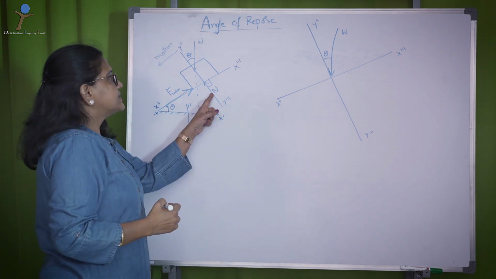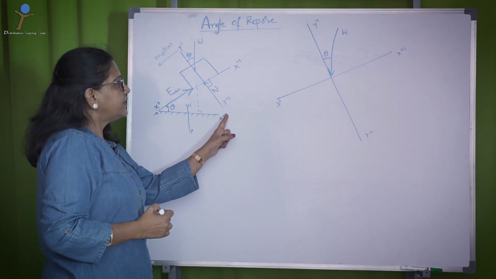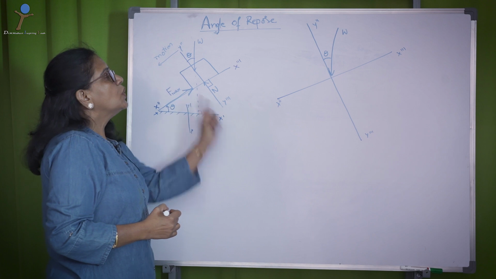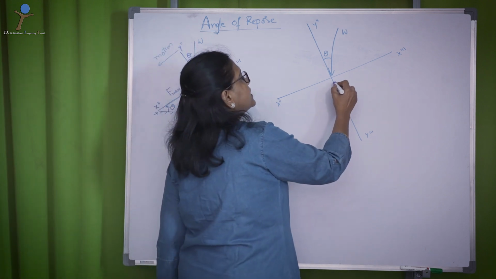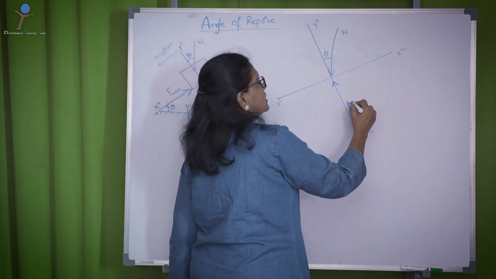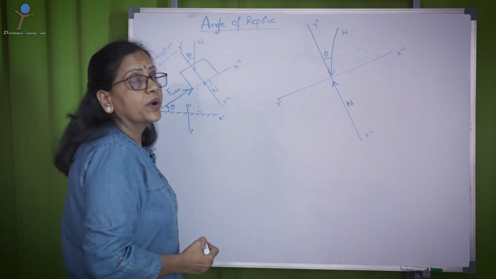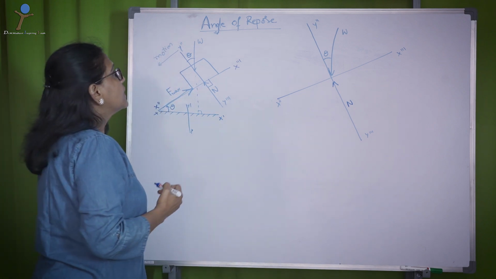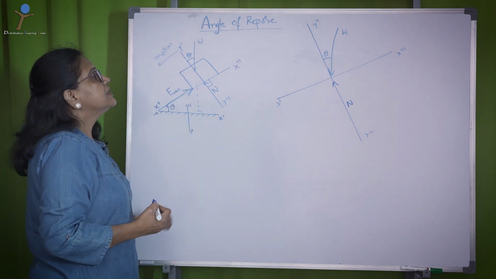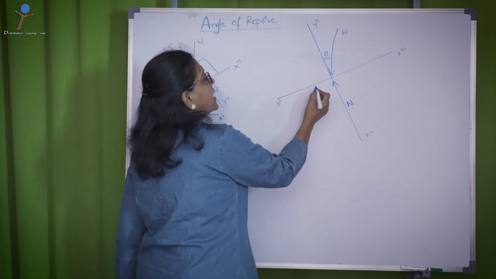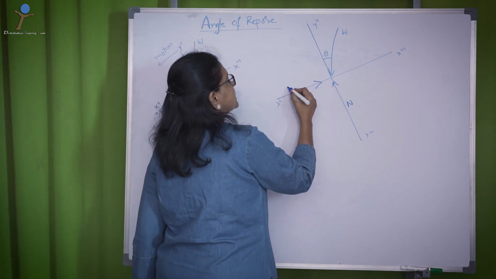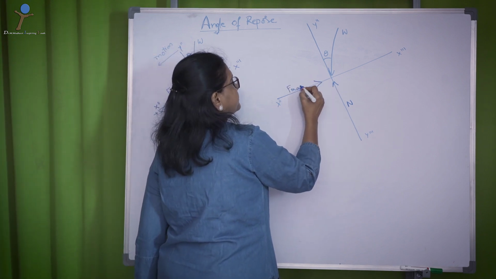Whereas n is already lying on the y-axis, so I represent n here along y double dash, y triple dash. Then the frictional force F max lies on the x-axis directly.